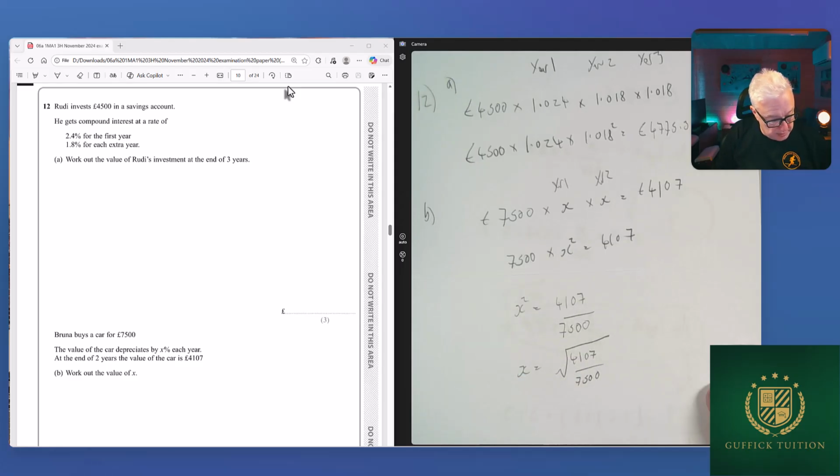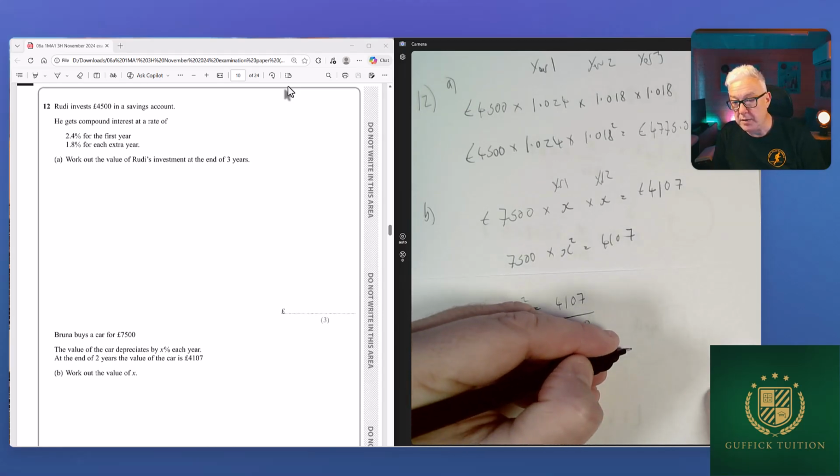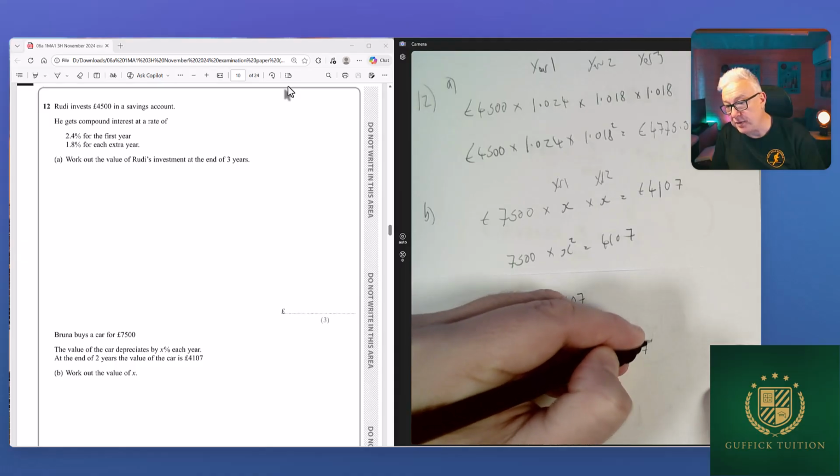So we need to do the square root of 4,107 divided by 7,500, which gives us 0.74. Okay, so that is 0.74.